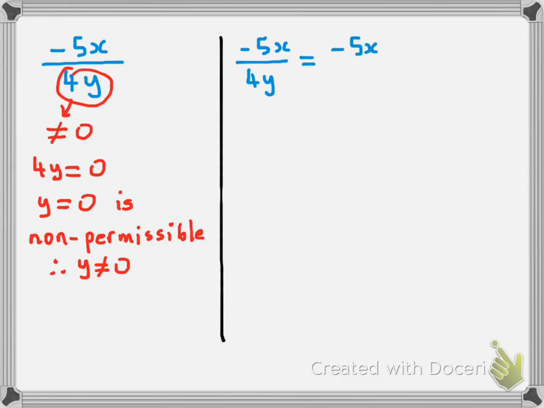To write an equivalent expression for -5x over 4y, we will simply multiply the numerator and denominator by the same number. 2 in this case. You could use 3 if you want. But if I use 2, then we would have -10x divided by 8y. That is an equivalent fraction. That's an equivalent form of -5x over 4y.